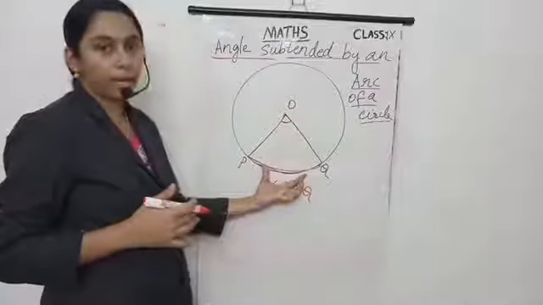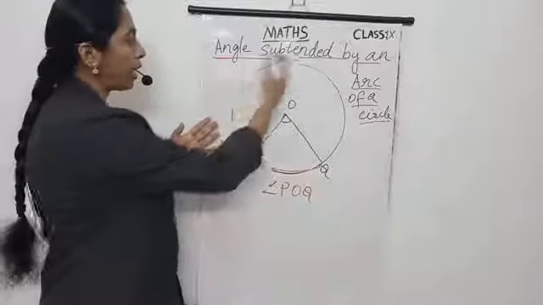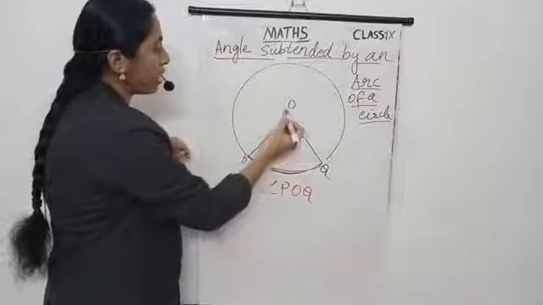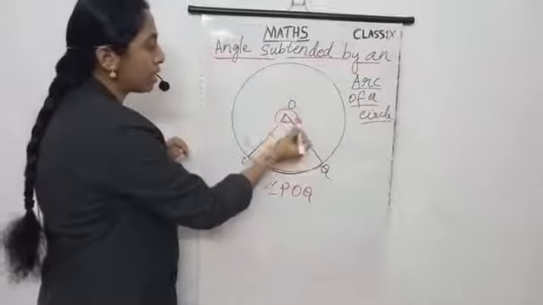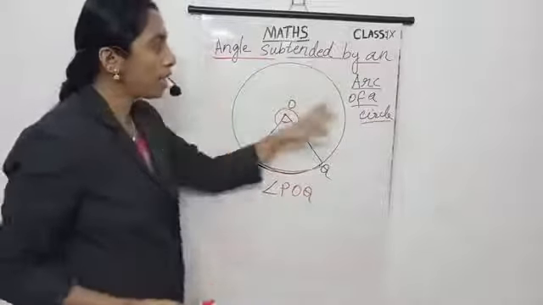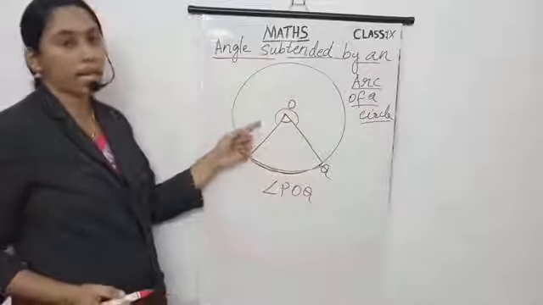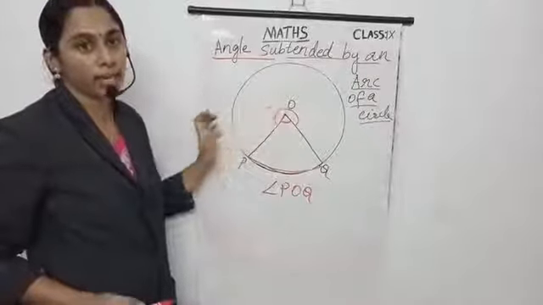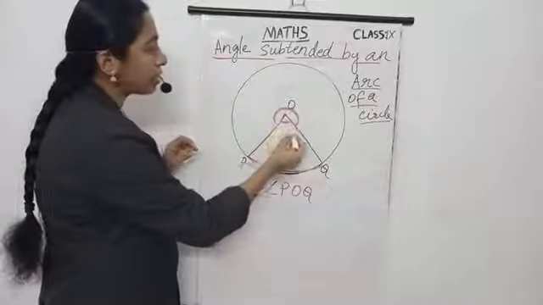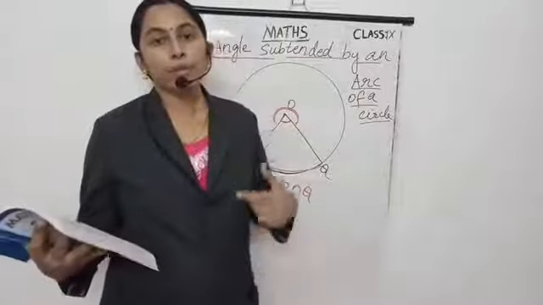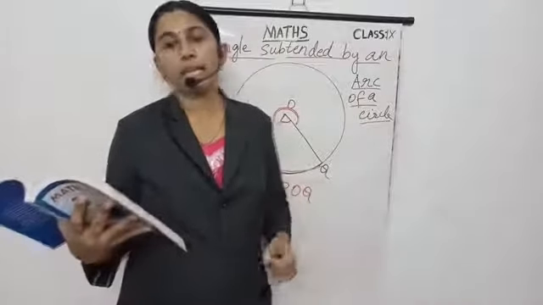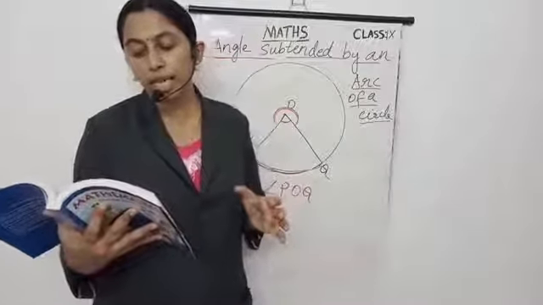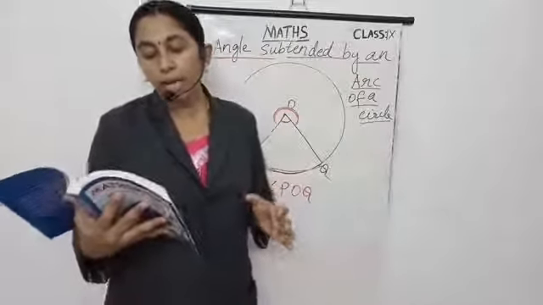So this is the minor arc. Now about the major arc, this major arc subtends a reflex angle at the center. So this angle is the reflex angle. From the first statement we can say that congruent arcs or equal arcs of a circle subtend equal angles at the center.